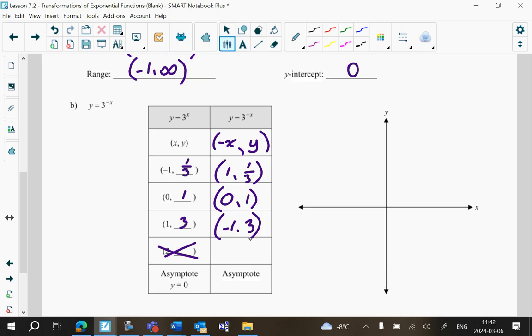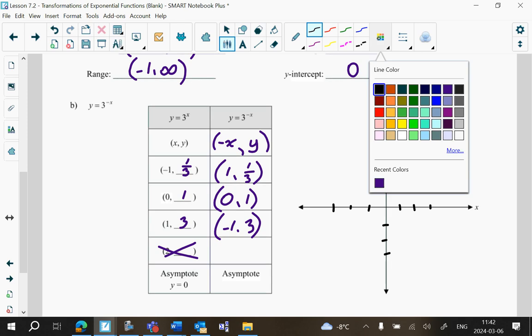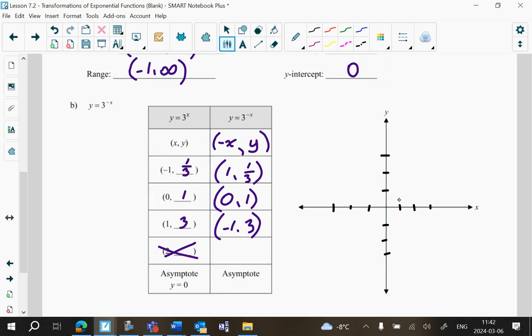So to graph these, I've got 1, 1/3. I've got 0, 1. I've got -1, 3.